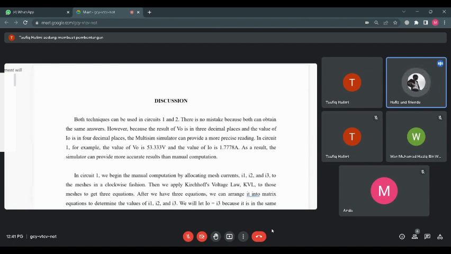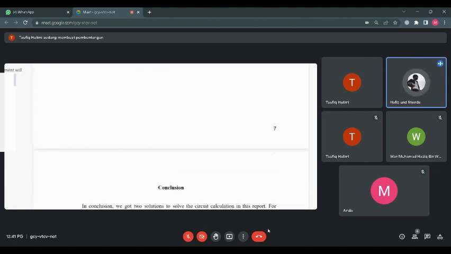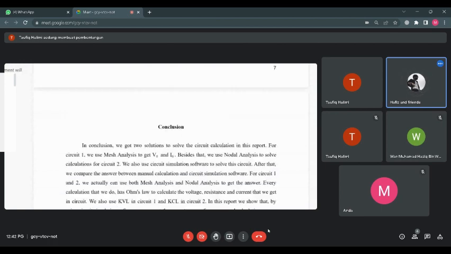In circuit 1, for example, the value of V0 is 53.333 volt and the value of I0 is 1.7778 ampere. As a result, the simulator can provide a more accurate result than manual computation. So that's all for comparison. I will give it to my friend Muhammad Taufik.